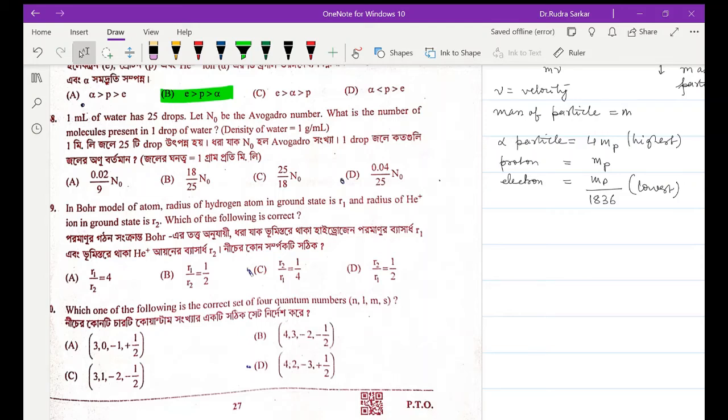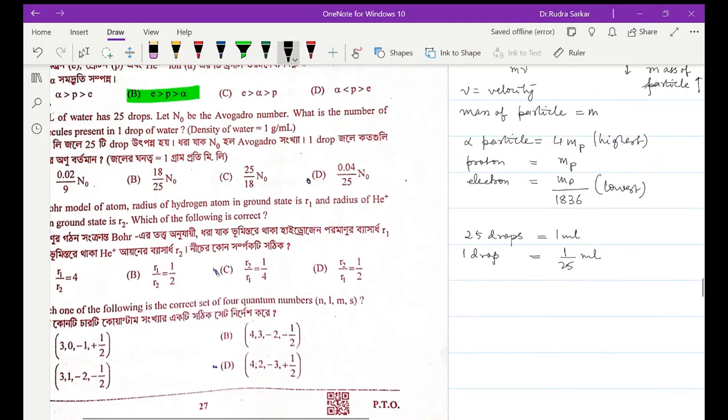So we will say over here, since we know 25 drops is equal to 1 ml, right? So 1 drop, its volume is 1 by 25 ml. Okay, this is what we know.